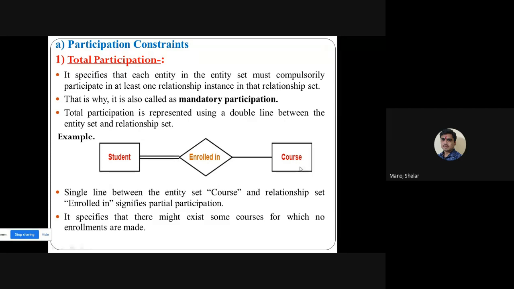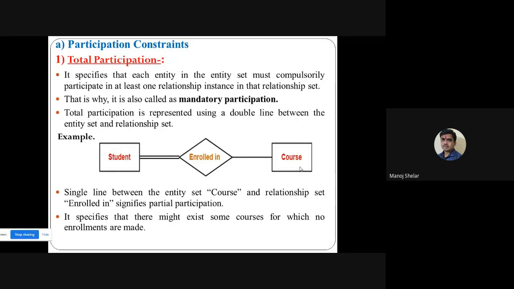One more simple example: in a bank, account number is one entity and loan is one entity. In SBI bank, consider 10 accounts, and all 10 customers take a loan.